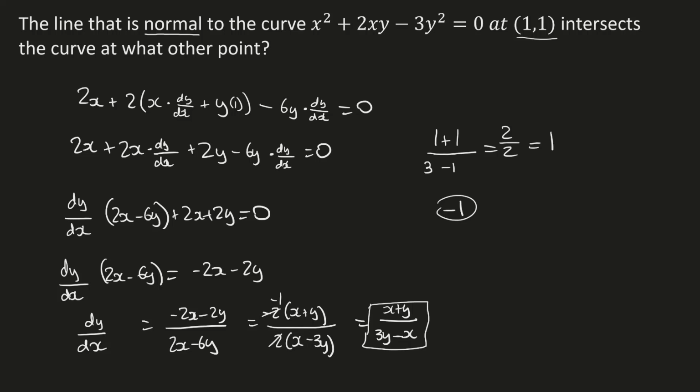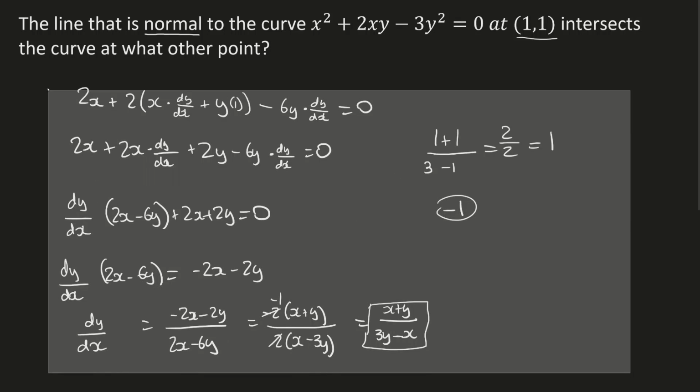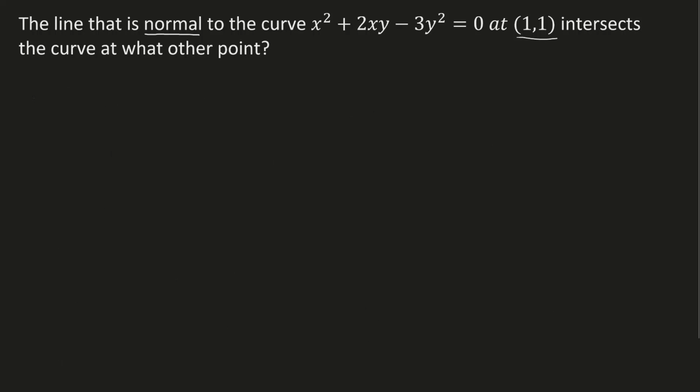So let's get rid of everything here. So we have that it hits the point (1, 1), and we have that the slope, I'm just going to say m, is going to be negative 1. So we have a point and a slope. We can use the point-slope formula to find the equation of the normal.